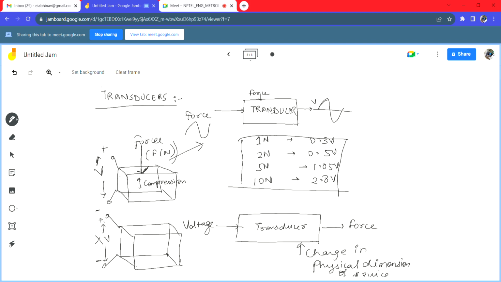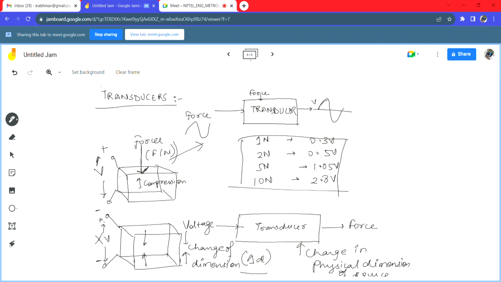Now if this X volts corresponds to the compression, this body will start to shrink and we will see the dimensions being changed, delta D. Now if this X volts corresponds to compression, it will compress the device and we will see the body compressing like this.